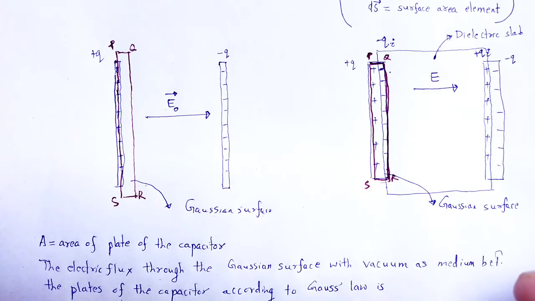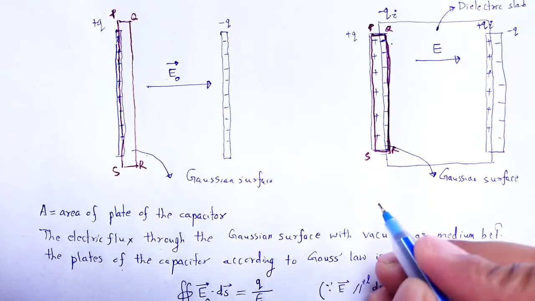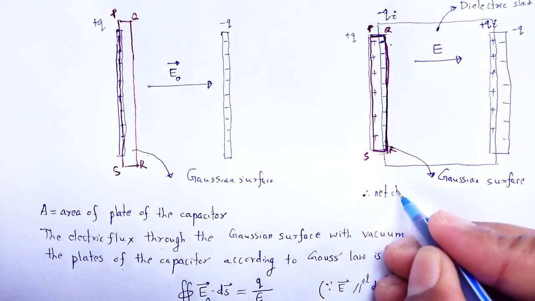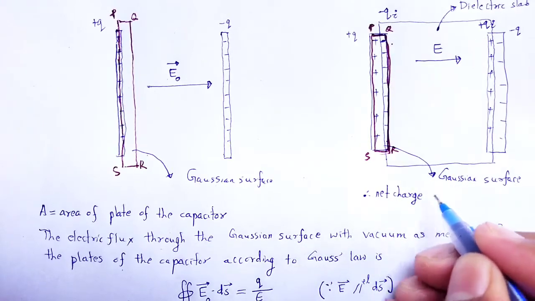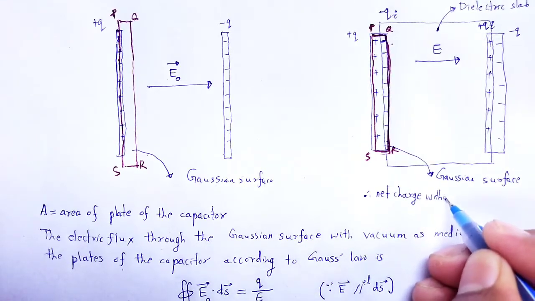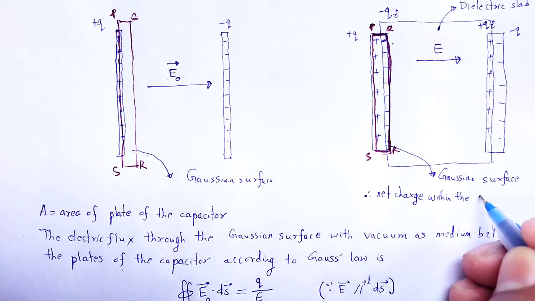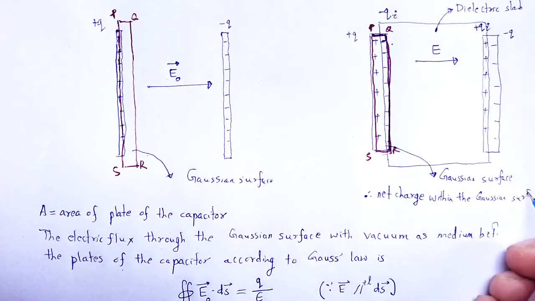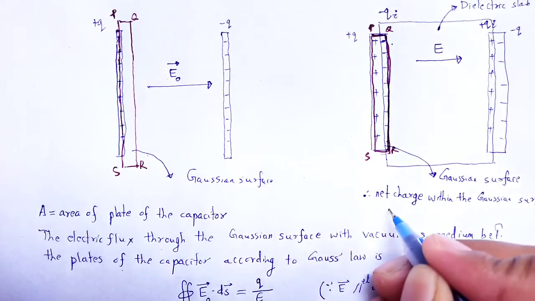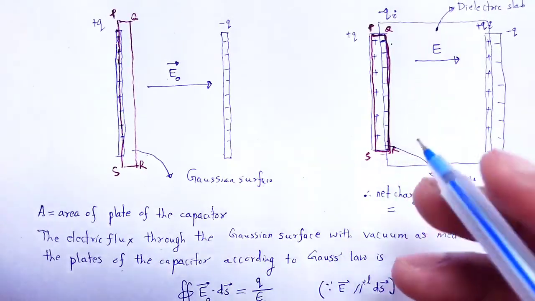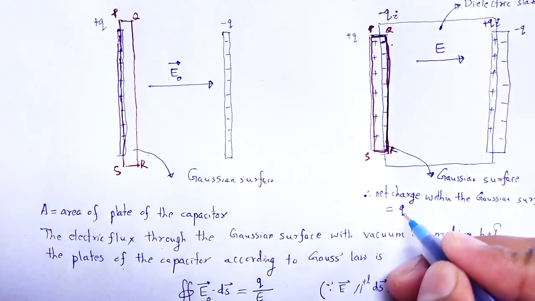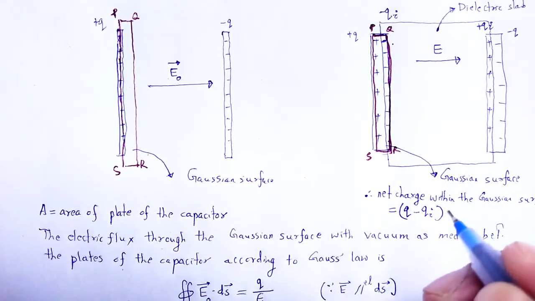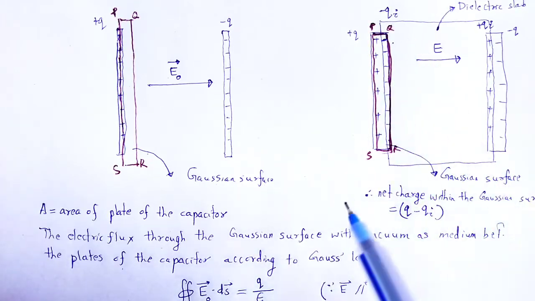So the net charge within the Gaussian surface is equal to Q minus Qi. Okay, net charge within the Gaussian surface.